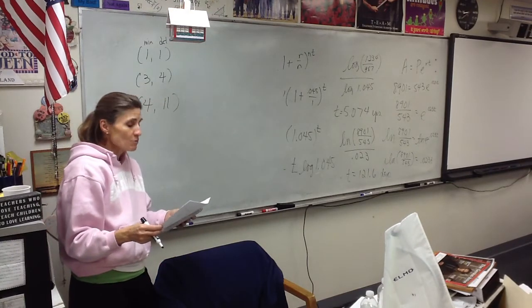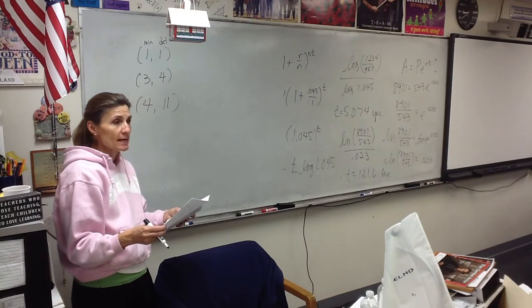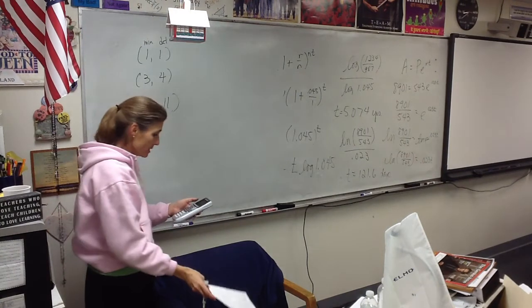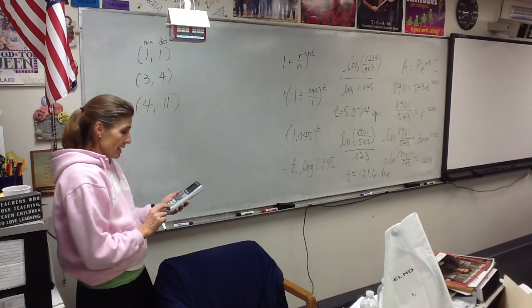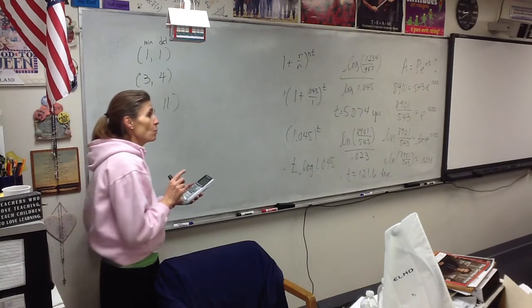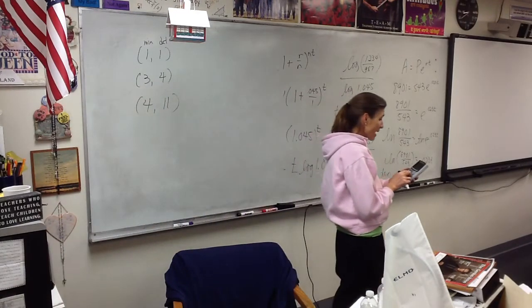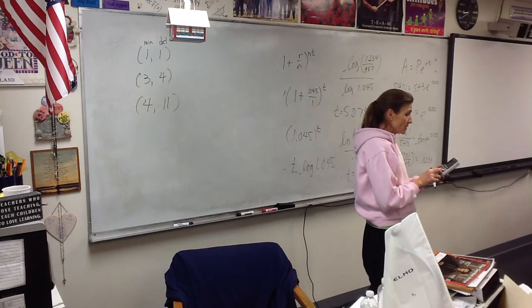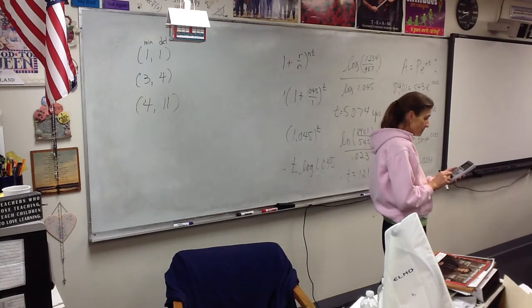Write a quadratic equation using your quadratic regression capability on your calculator. So we're going to go into our stat menu and we're going to edit. Now, if you already have stuff in there, you can go back to stat, go down to clear list, type L1, L2, and that'll get rid of it.